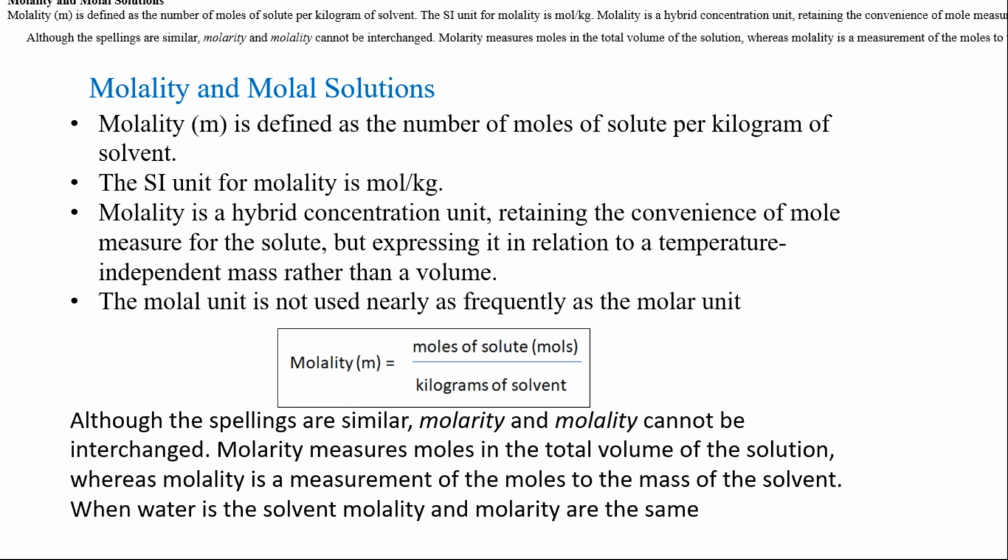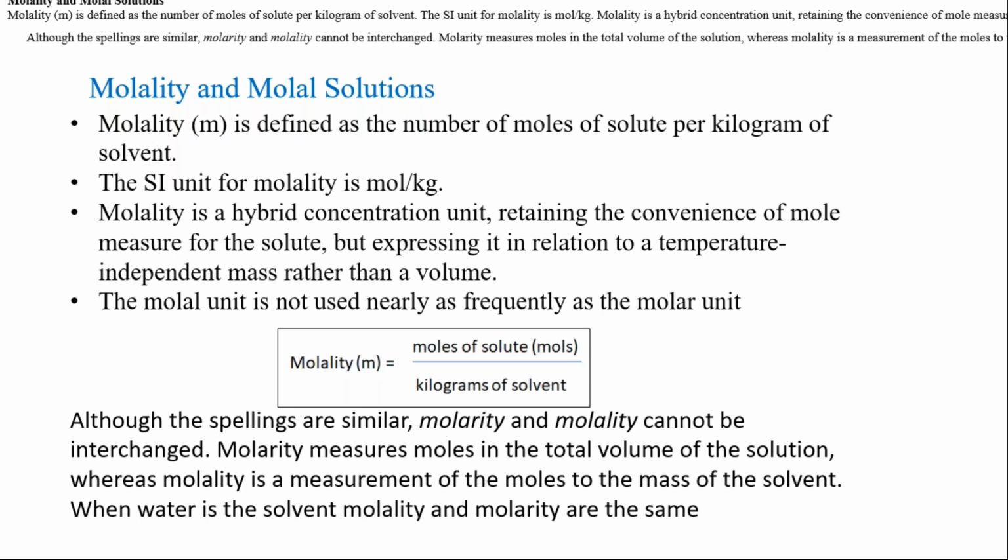So it is defined as the number of moles of solute per kilogram of the solvent. This is the difference between molarity and molality. Molality is per kilogram of solvent, whereas molarity is per liter of solution. So the SI unit is moles per kilogram, or small m. Molality is equal to moles of the solute divided by kilograms of the solvent.